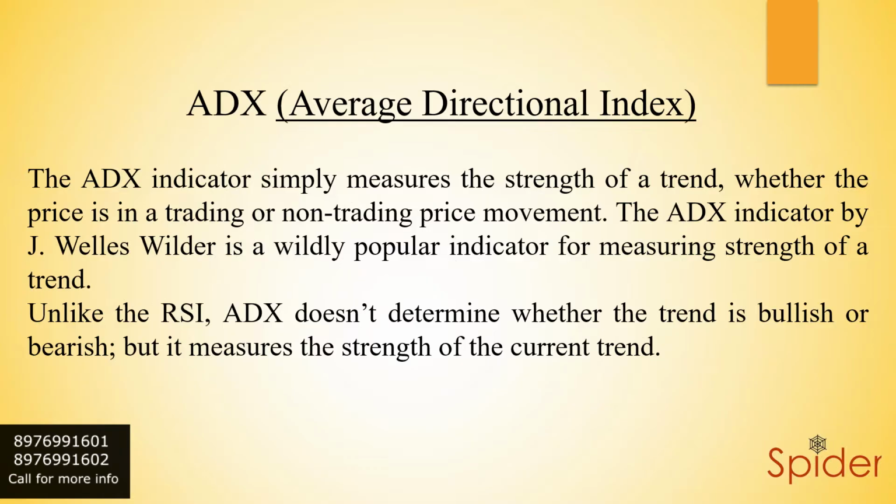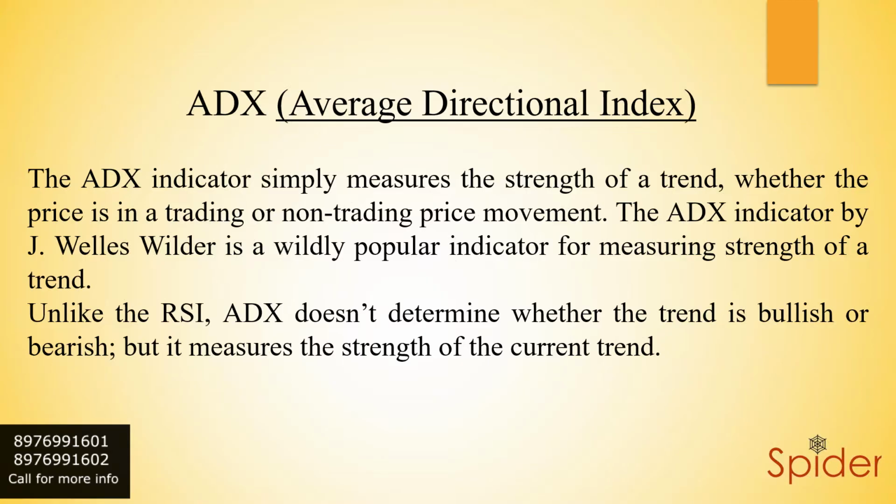The very first thing we will understand is ADX. As it is written here, the ADX indicator simply measures the strength of a trend. It was developed by Welles Wilder and is a widely popular indicator for measuring the strength of a trend. Unlike the RSI, ADX doesn't determine whether the trend is bullish or bearish, but it measures the strength of the current trend.